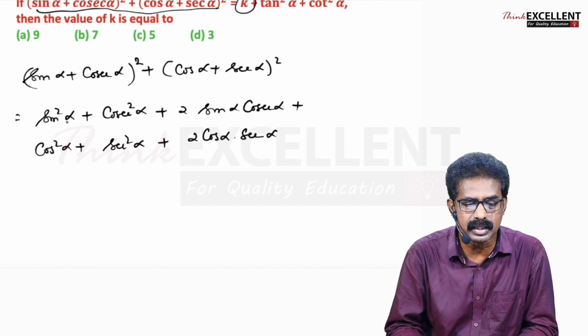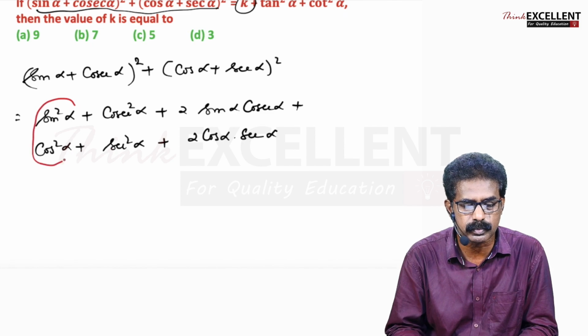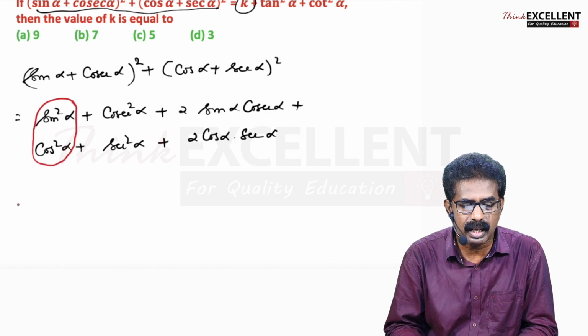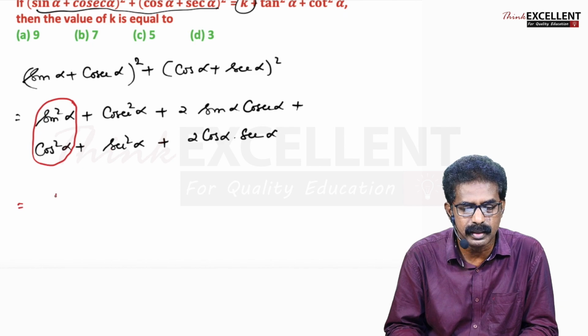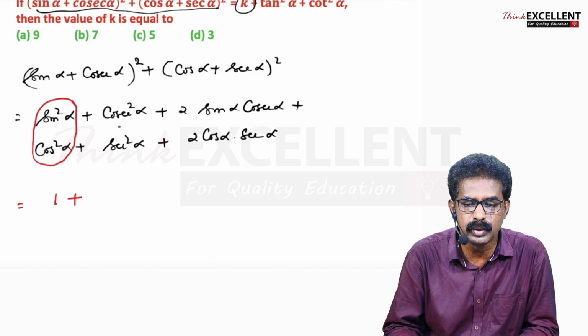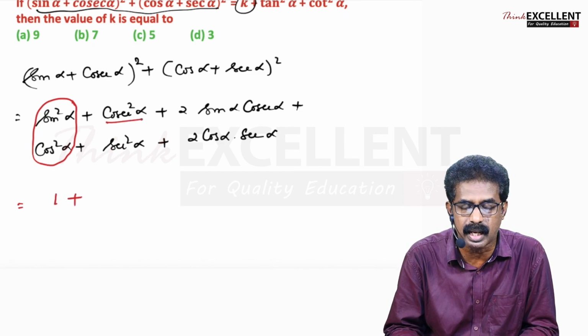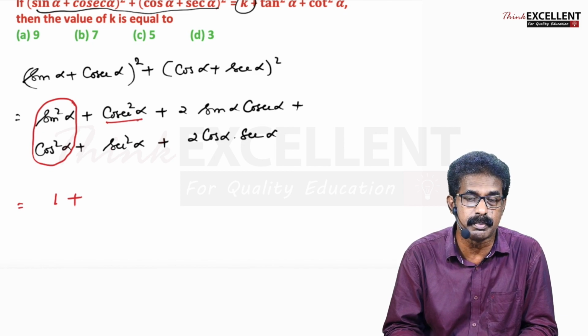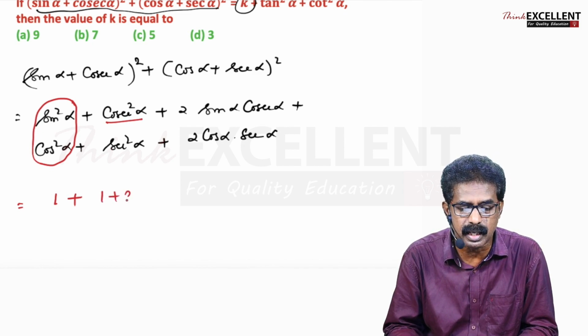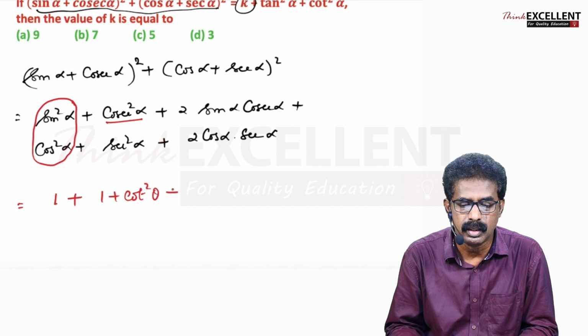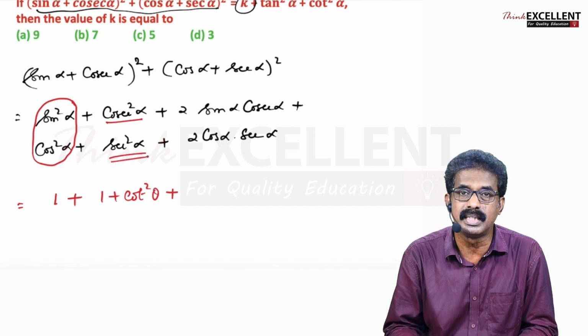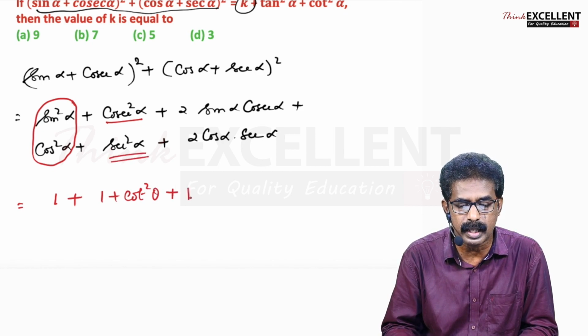Now listen, just group these two. Sin square alpha plus cos square alpha is what? 1. In the answer we don't want this cosecant square alpha. So cosecant square alpha can be written as 1 plus cot square alpha. We don't want this secant square alpha. Secant square alpha can be written as 1 plus tan square alpha.